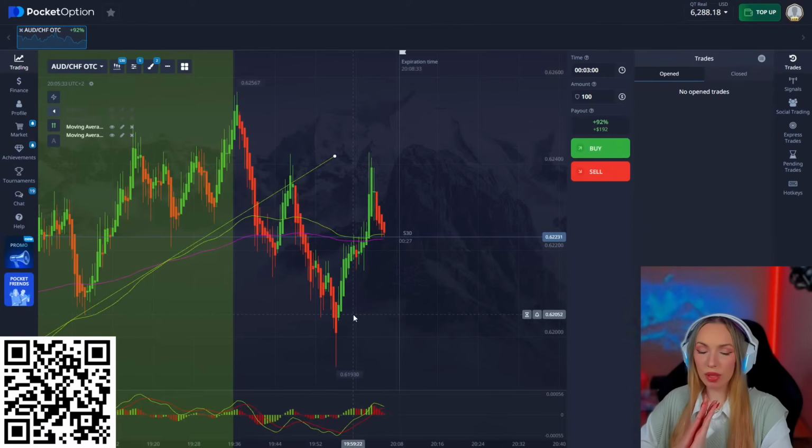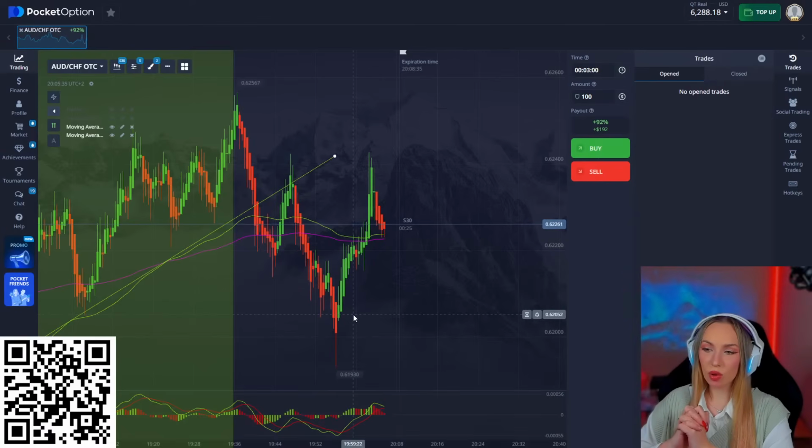When we are in the downward trend, I would love to open only the trades in the downward direction. When it's the upward trend, I would love to open only the trades in the upward direction. But sometimes I'm opening these risky trades, but only when I see clear structure.